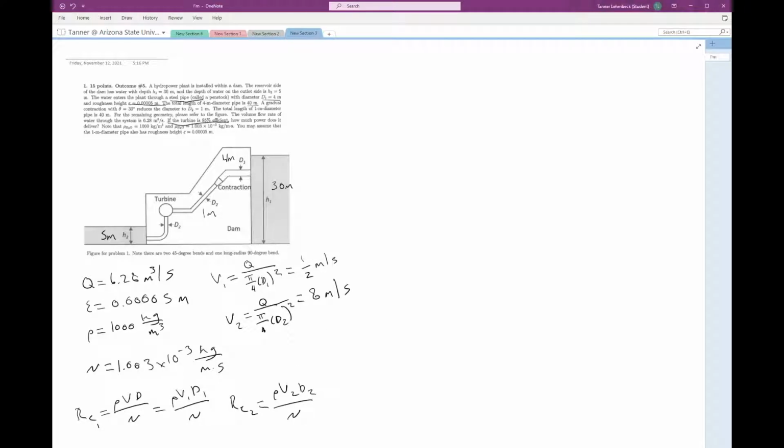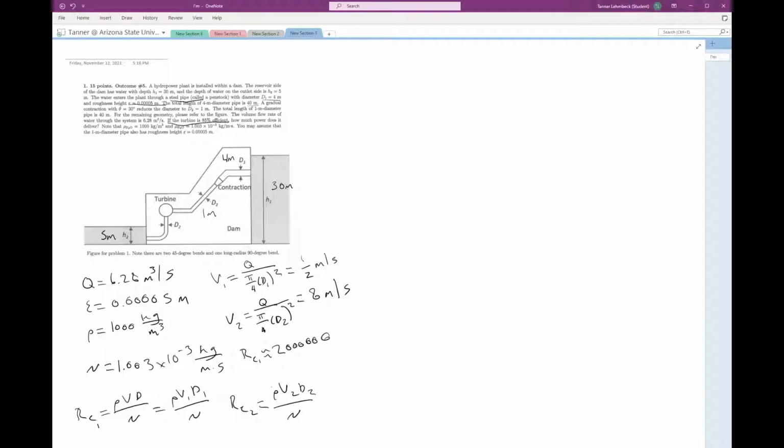So I'll take these velocities and plug them in to find my Reynolds numbers. If I do that, I get Re1 is, it's not quite 2 million, but for practical purposes, we'll just say it's approximately 2 million.